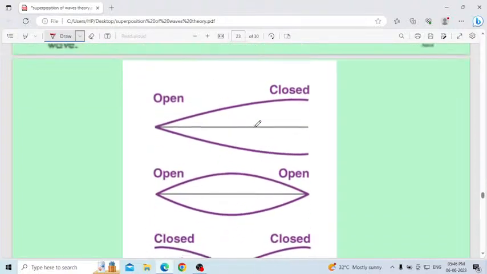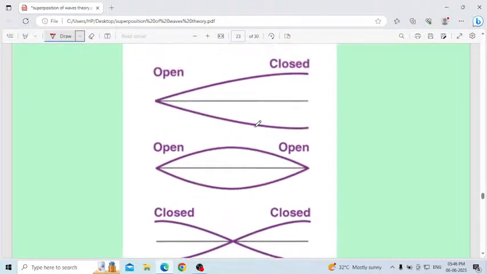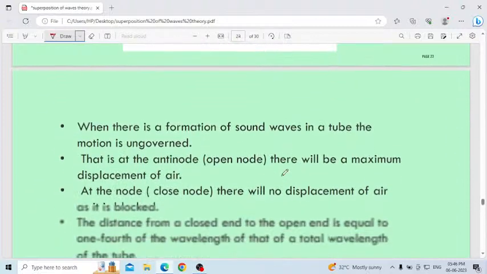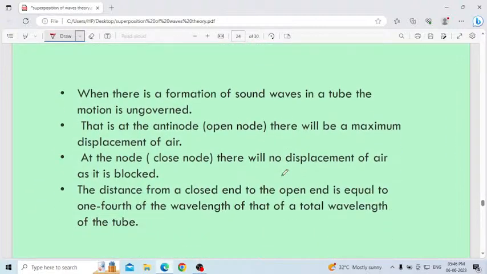Consider the air column I mentioned. One end can be open and the other closed, or both open, or both closed; three different ways we can use. When sound waves form in a tube, the motion is longitudinal.